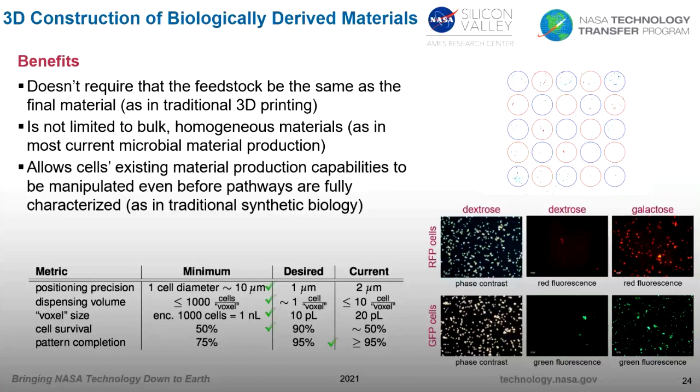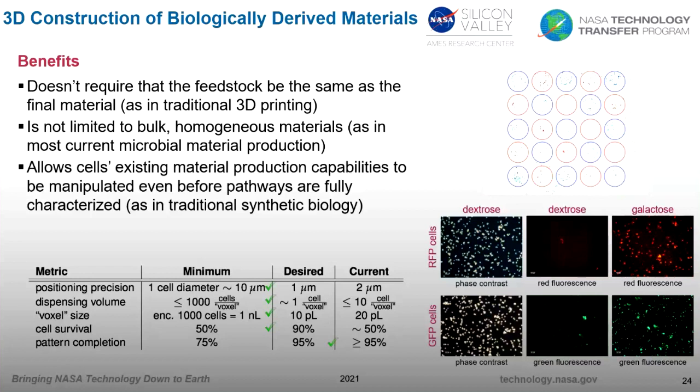But also, although you need some understanding if you want a cell to produce a material it doesn't produce naturally, and we picked yeast for our proof of concept because yeast are eukaryotes, and so the basic palette of materials they can make is, in a sense, broader and more likely to be useful than what you get out of prokaryotes.